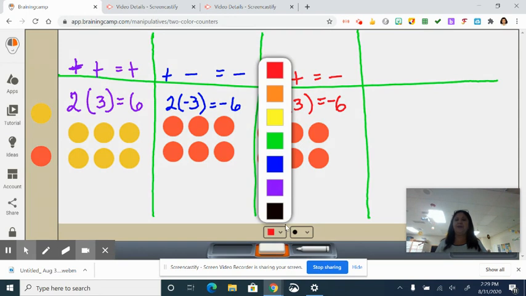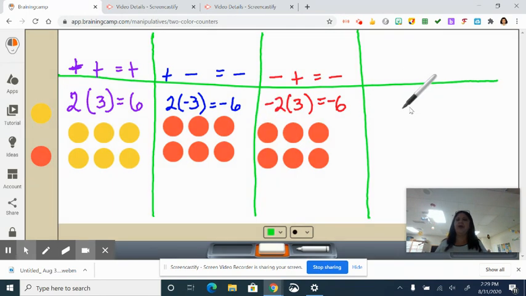My last one is, what if I had negative groups of negative counters? Negative 2 times negative 3. You really don't need the parentheses out here, but either way, it still says negative 2 times negative 3.